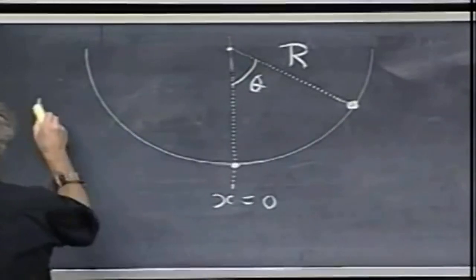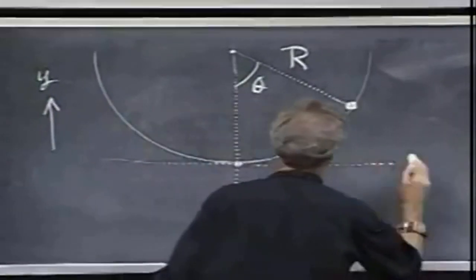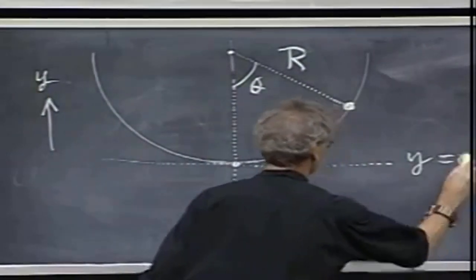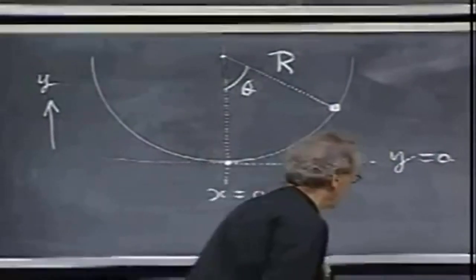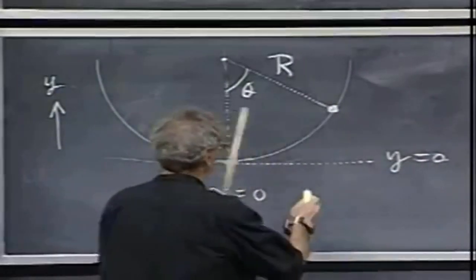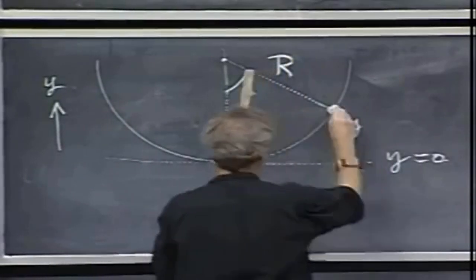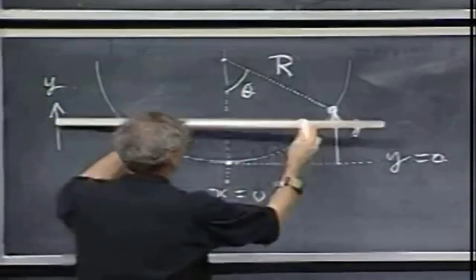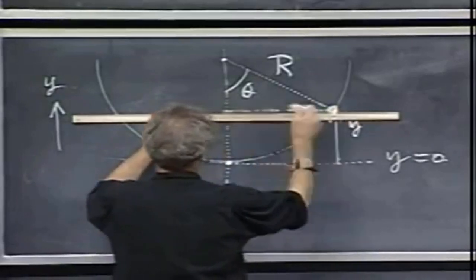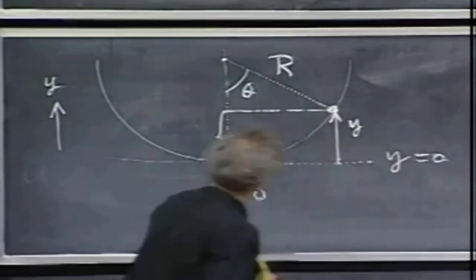This is increasing value of y, and I choose this y equals 0. And so the gravitational potential energy of this object is its own mgy. So I have to know what this y is, and therefore I have to know what this distance is. That's very easy.